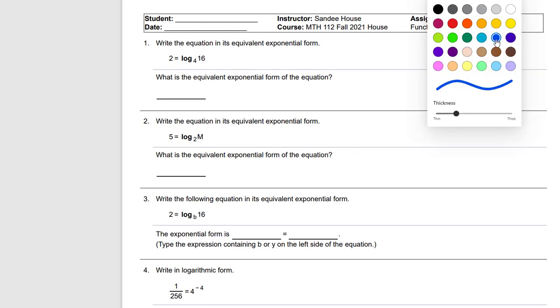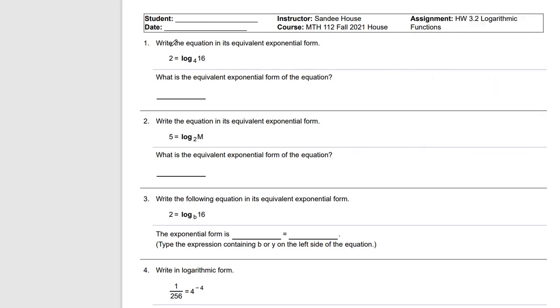The first one says, write the equation in its equivalent exponential form. So the little number is the base, 4. It's equal to the exponent, 2, and the answer or result we wanted to get is 16. So look, base to the exponent equals the answer.